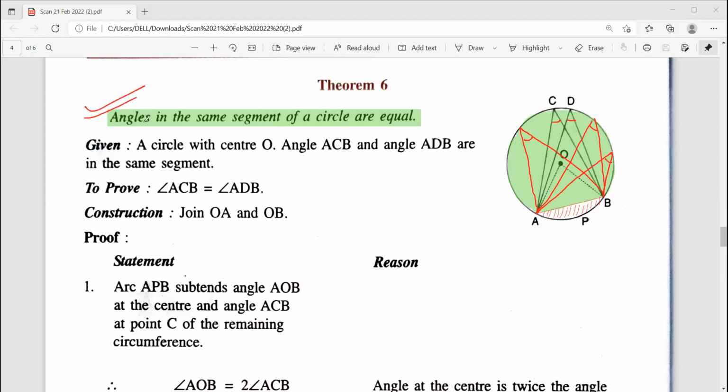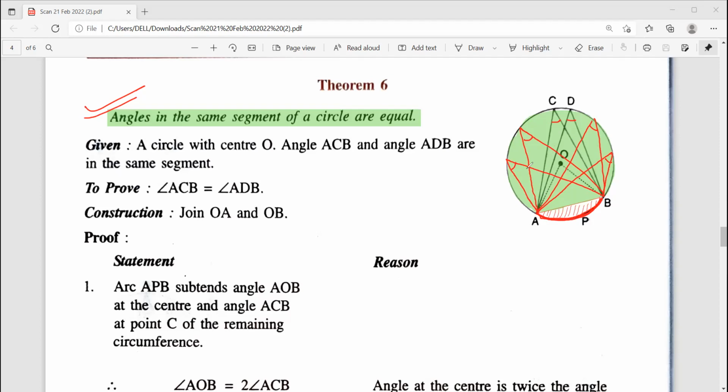You can say that angles in the same segment of a circle are equal, or you could say that angles subtended by an arc, this APB, at the remaining part of the circle are all equal. You can check, they all are equal.